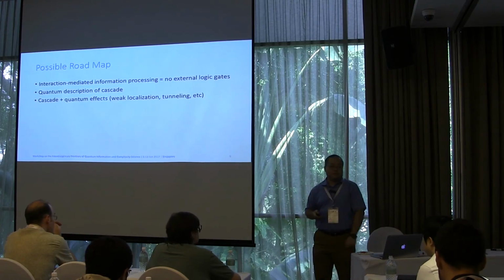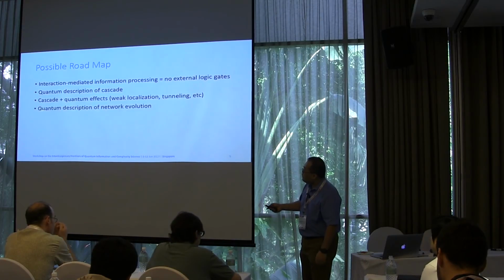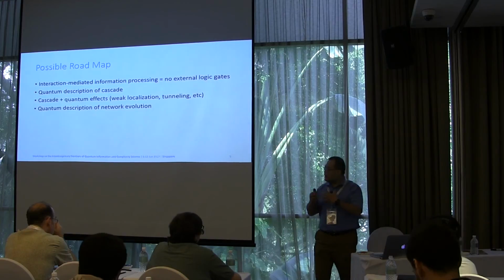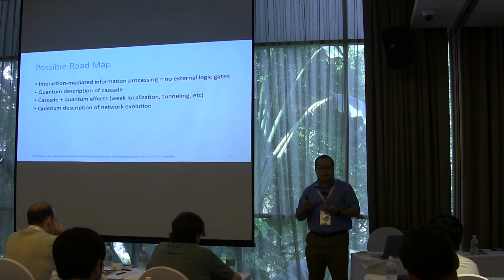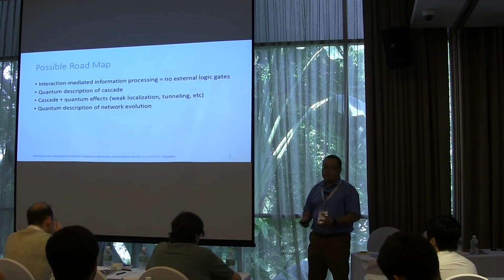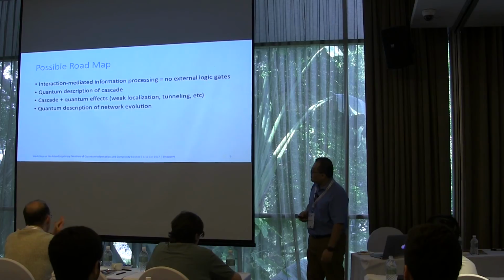That is definitely not possible classically, but who knows whether it happens in a quantum network. And obviously, in order to attack the second speculation, the most speculative one, we would need to have some kind of a quantum description of network evolution, which I believe doesn't exist right now.